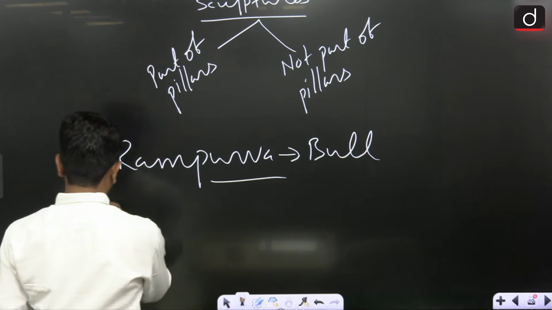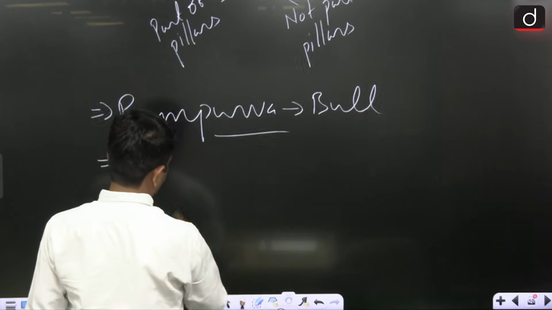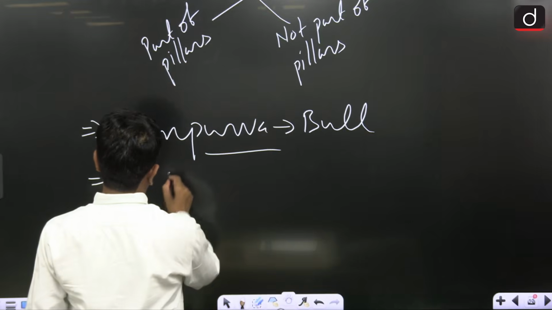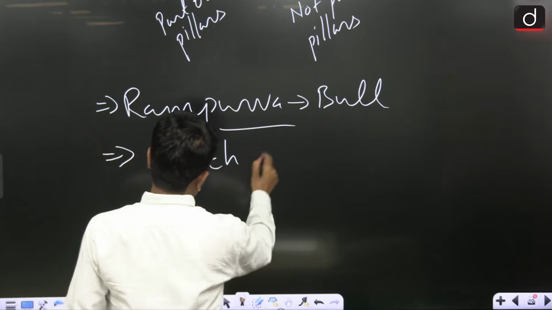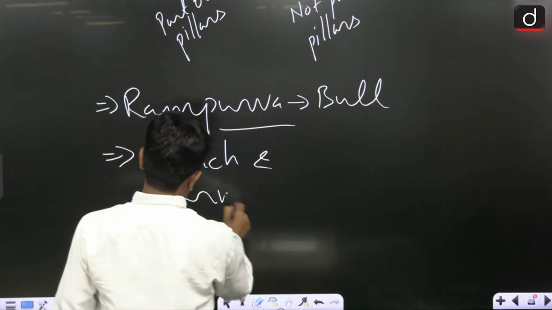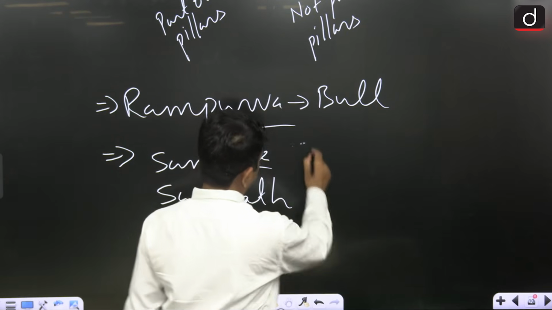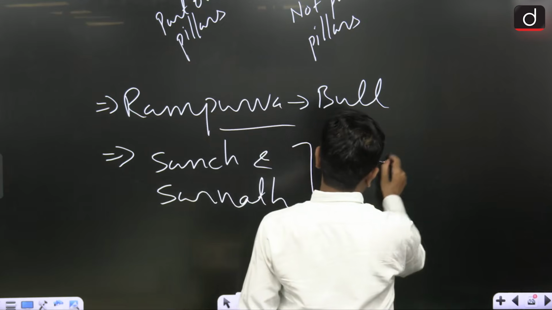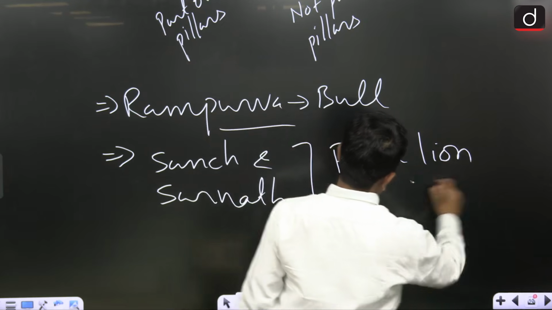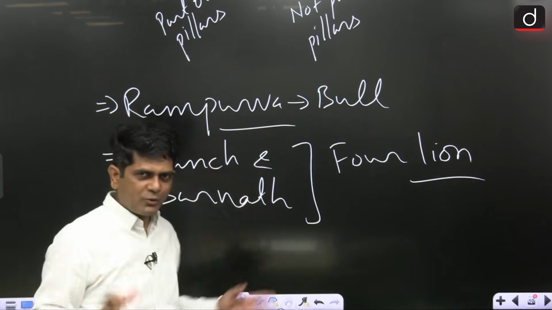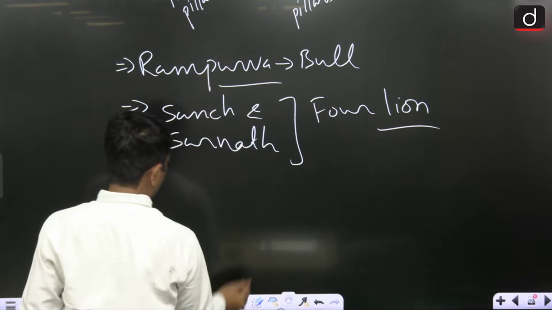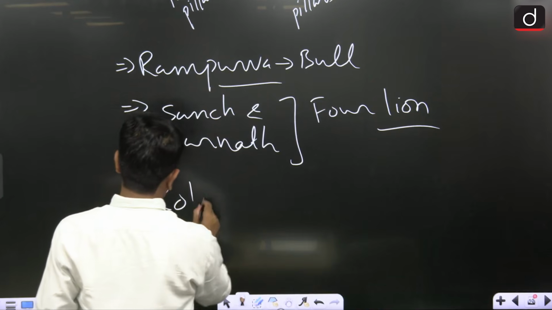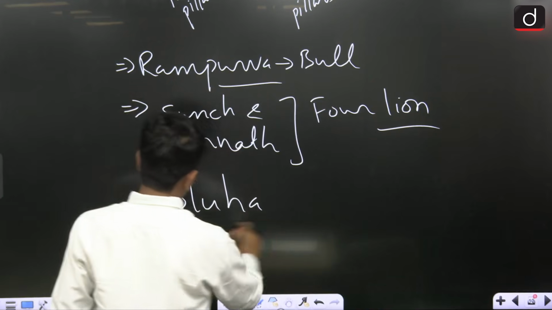Then at Sanchi and Sarnath, we have 4 lions sitting or standing back to back. Then at Koluha, where is Koluha?